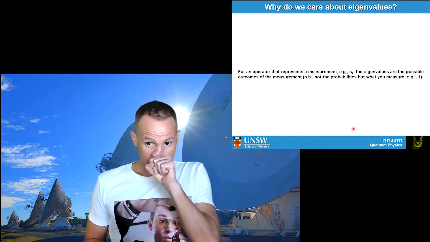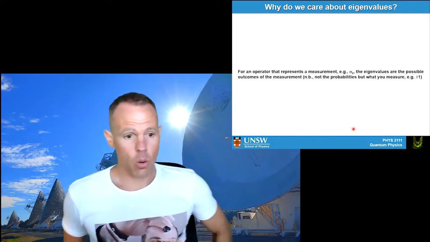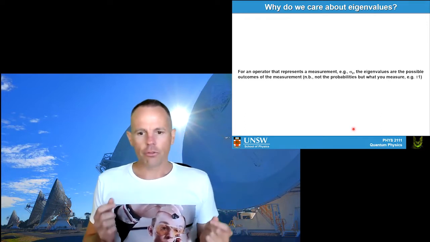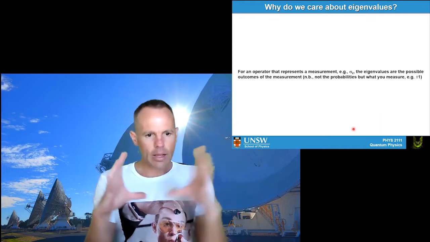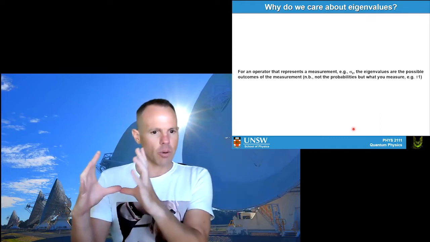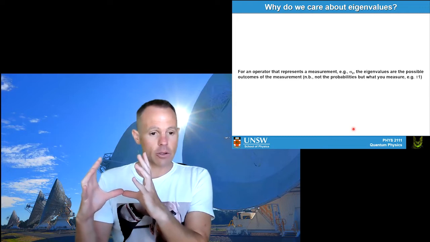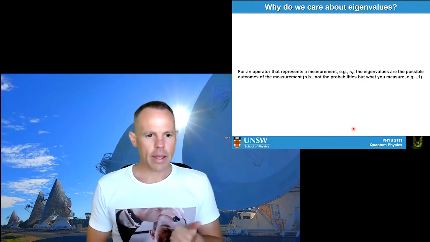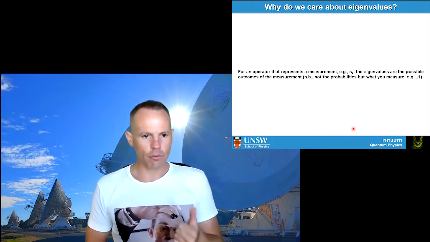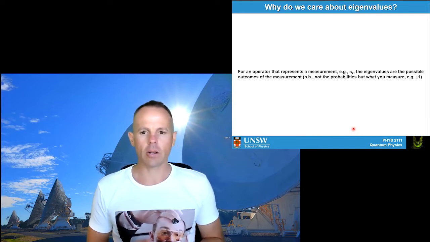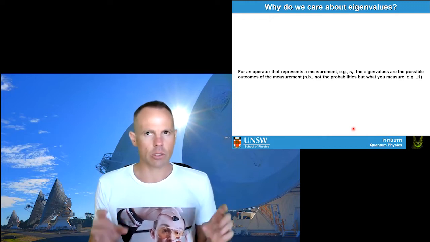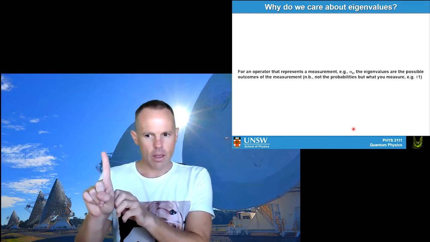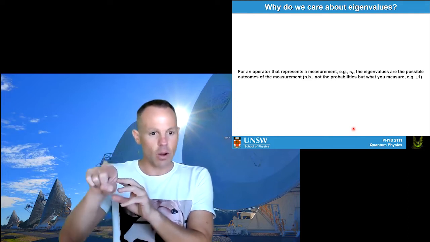I'm going to dedicate a whole slide to this point because it's important: why do we care about eigenvalues? For the class of operators that correspond to measurements, eigenvalues are particularly important, because they tell you what the possible outcomes of a measurement are. Let's imagine we want the operator associated with measuring the projection of the spin along Z. We know there are 2 possible outcomes, +1 and -1.